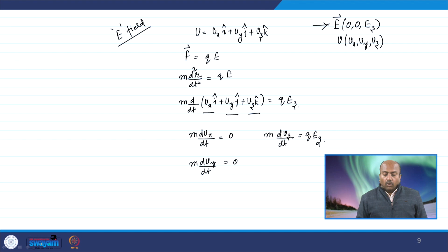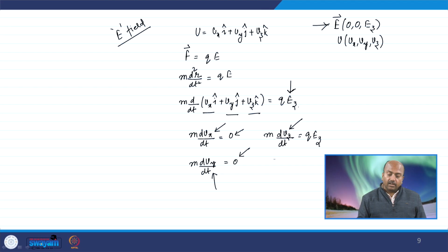So, the velocity along the x direction will remain unaffected due to the presence of an electric field along the z direction. Similarly, velocity along the y direction will remain unaffected, and velocity along the z direction is changing.